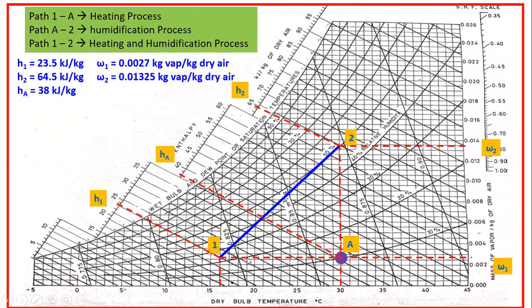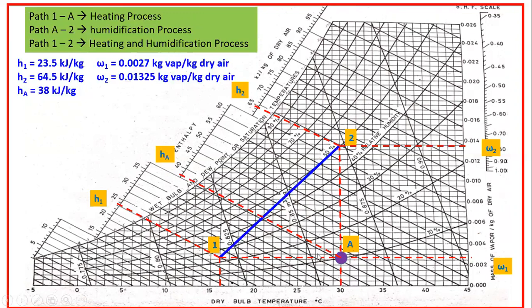Sensible heating means drawing a horizontal line from 1, then similarly drawing a vertical line from 2. The intersection point is A. So 1 to A is the heating process, and from A to 2 is the humidification process.